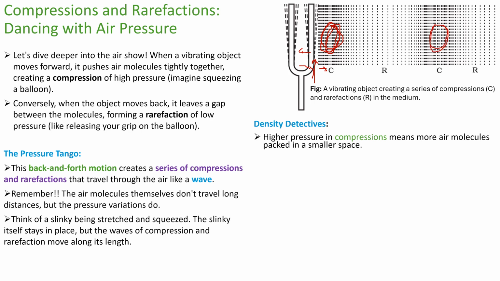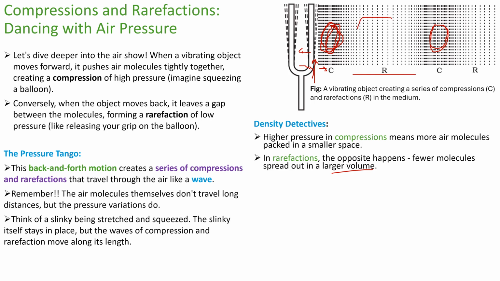It means higher pressure or higher density of the molecules. In rarefactions, the opposite happens. Fewer molecules spread out in a larger volume. See, this volume is larger, but with fewer molecules. It means the density of molecules is lesser, so pressure is less in that region.